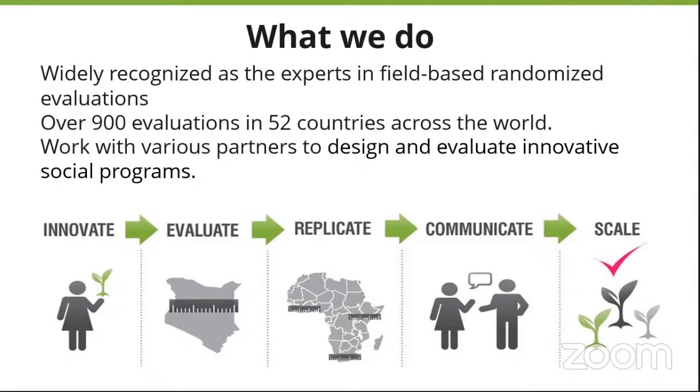So we've conducted over 900 evaluations in 52 countries across the world. This work is not just by IPA alone; we attribute it to the many partners we work with, mostly to design the evaluations that we conduct and to move the evidence from these evaluations to policy.